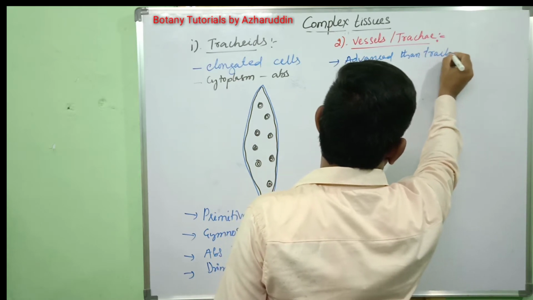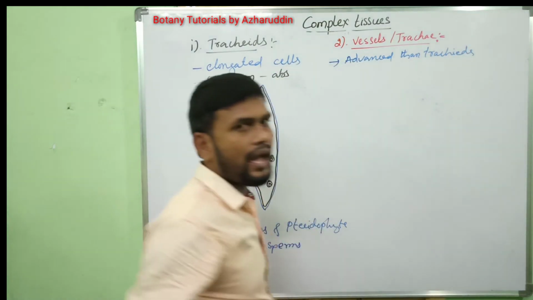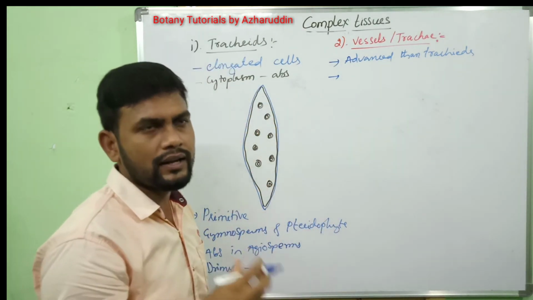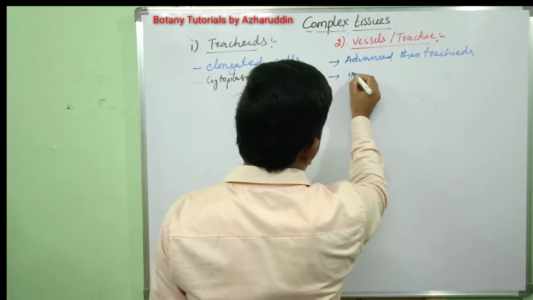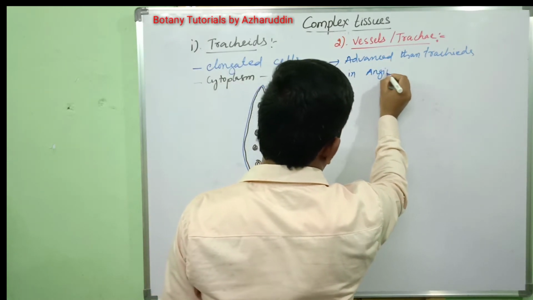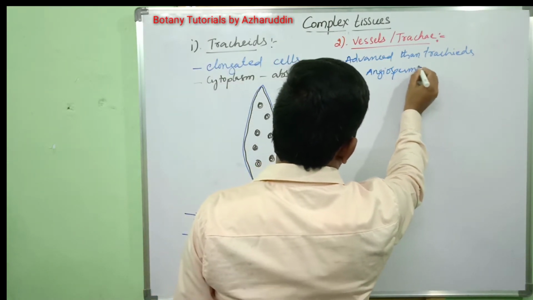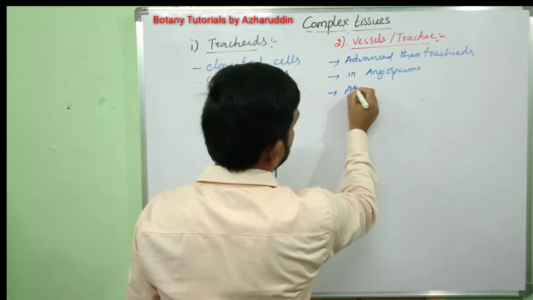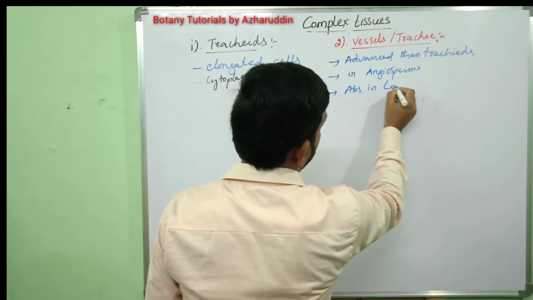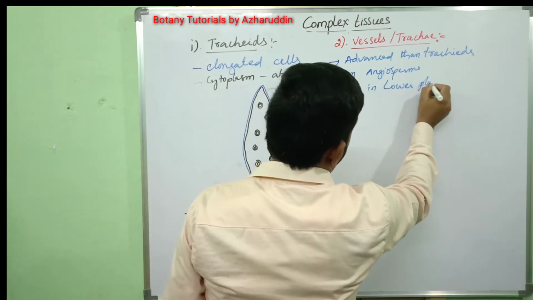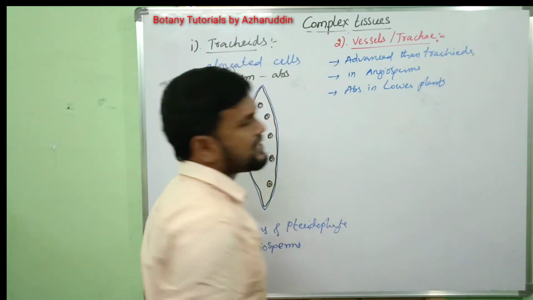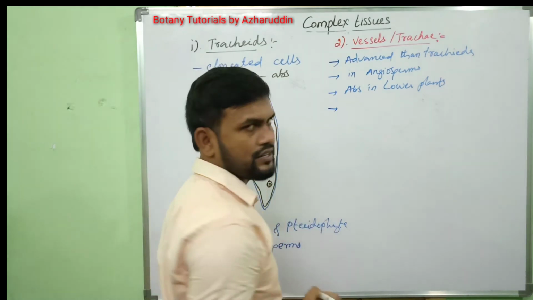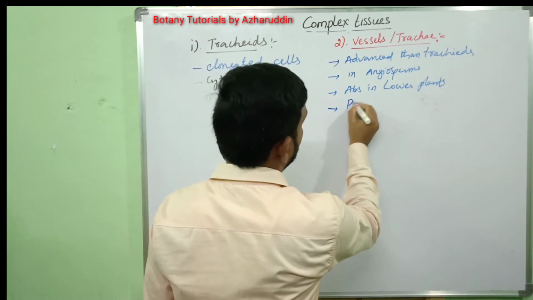They are found in angiosperms. They are the main conducting elements in angiosperms, and they are absent in lower plants. Exceptionally, these vessels are also found in some pteridophytes.